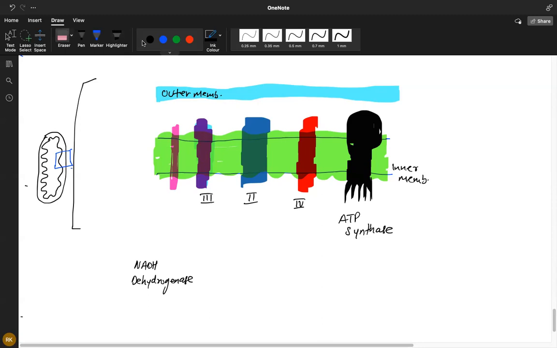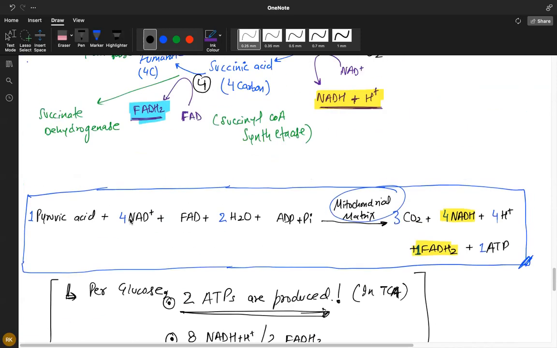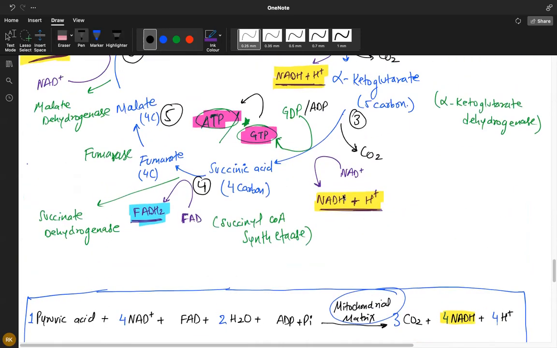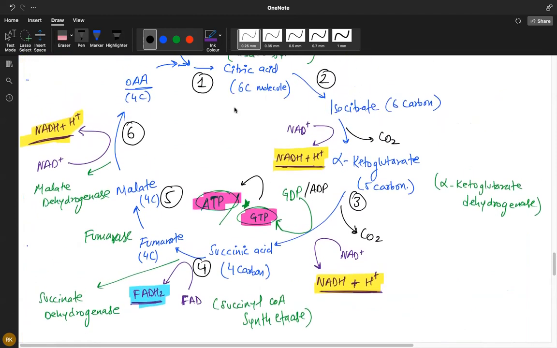And what happens is, remember in the matrix, so this is the matrix, right? In the matrix there was NADH plus H plus being produced. A lot of NADH plus H plus was being produced in the TCA cycle. Yes or no?